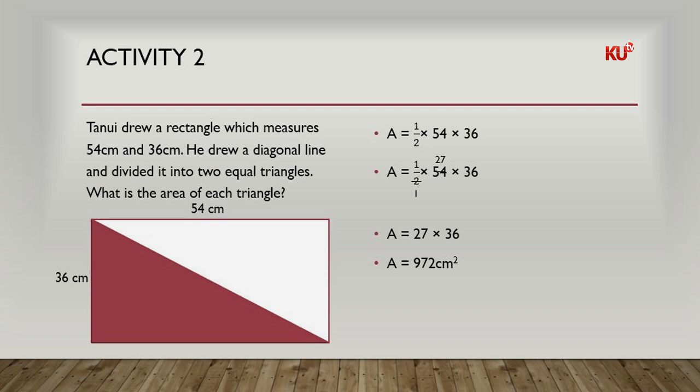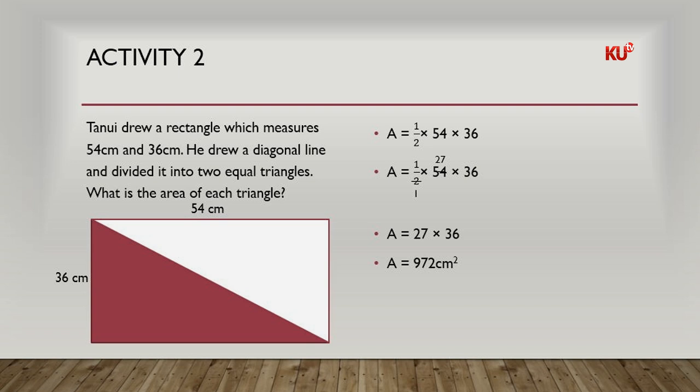He drew a diagonal line and divided it into 2 equal triangles. What is the area of each triangle? So there are 2 triangles there, and the question wants you to find the area of each.